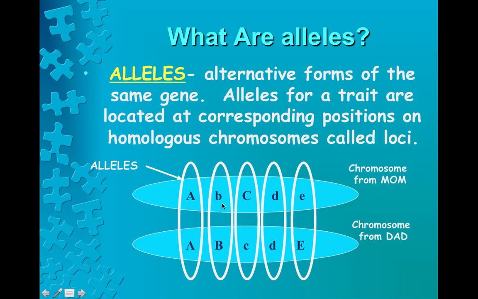Now I go to the next trait and let's assume that this is for hair color. Well, mom is passing on this particular trait, which we'll designate with shorthand as a lowercase b. Hopefully you come across this as a recessive trait. And so her sequence of A's, T's, C's, and G's in that stretch of DNA at that particular location does happen to be different than what is on dad's homologous chromosome, the chromosome he gave you.